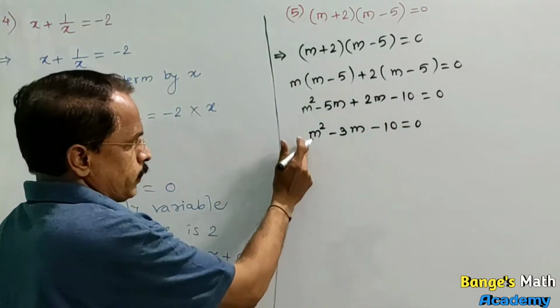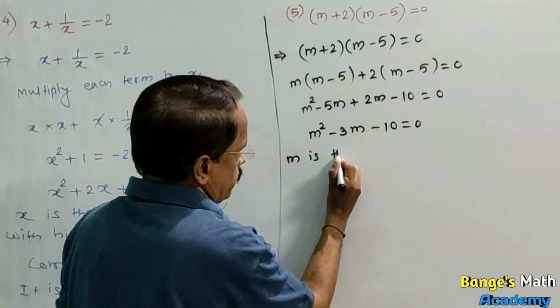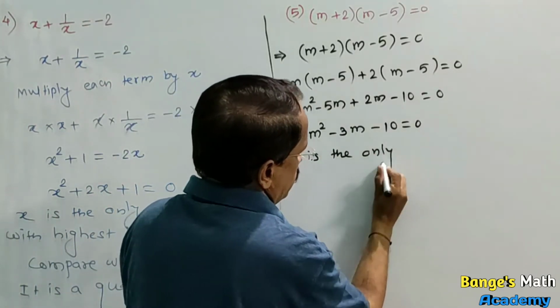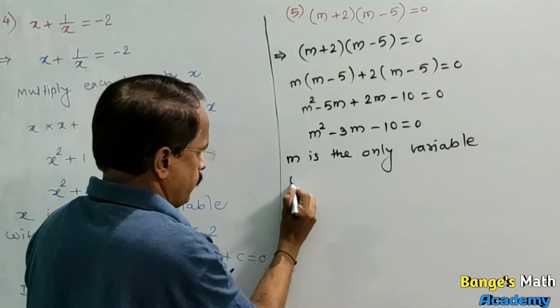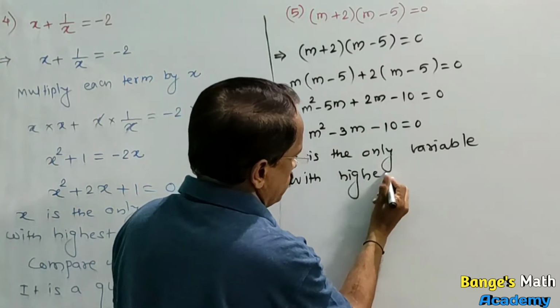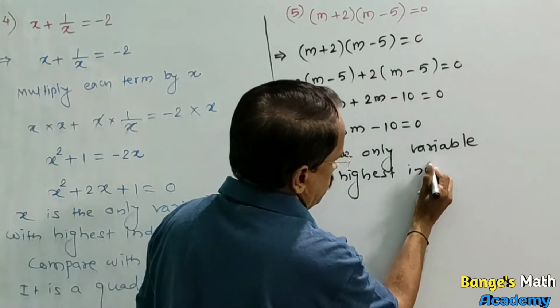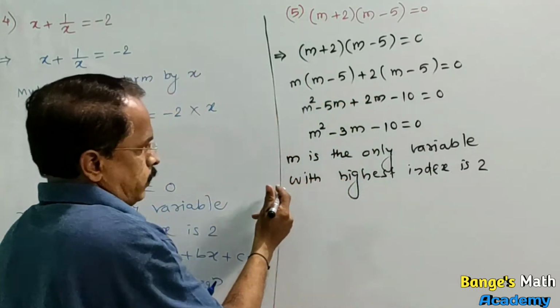See, in this equation m is the only variable with highest index 2.